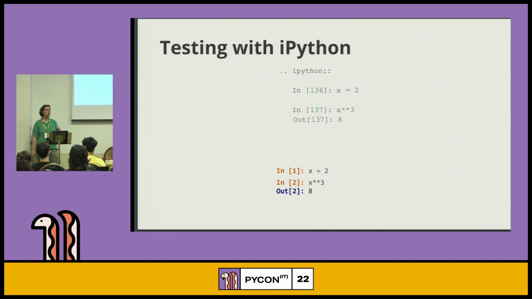The interesting feature of the iPython support for Sphinx is that when you compile the documentation, so when you render it, it will actually execute all that code. So it will start by doing x equal to x power 3, and the expected output is 8. And the output that you see here is actually not the one that you wrote, but the one that results from executing what you wrote.